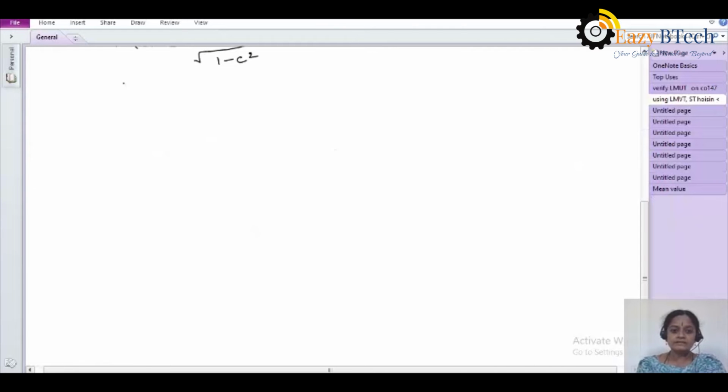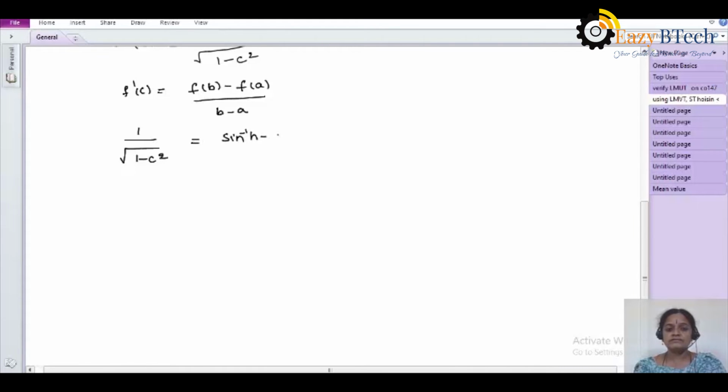Now f dash of c is equal to f of b minus f of a by b minus a, the LMVT condition. What is the value of f dash of c here? 1 by root of 1 minus c square. f of b is sine inverse h, f of a is 0, and b minus a is h minus 0.